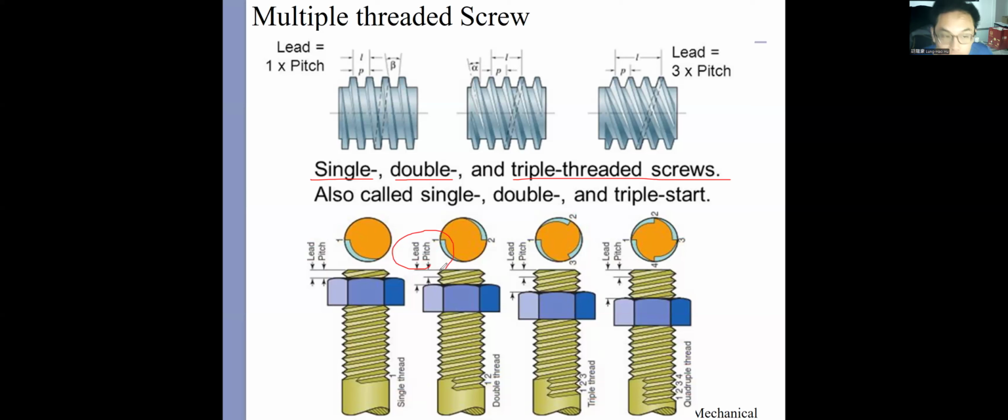So you can have single, double, triple, or quadruple threads, and so on. That means the distance of the nut movement depends on the multiple thread screw.